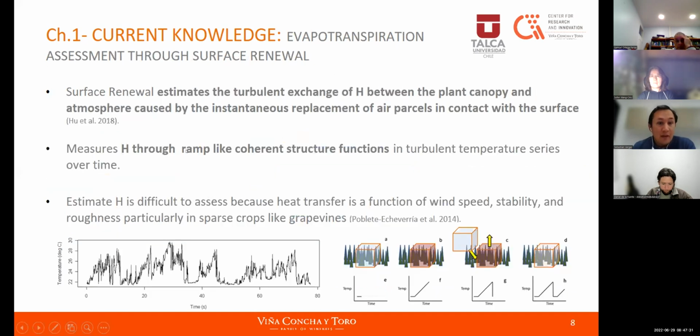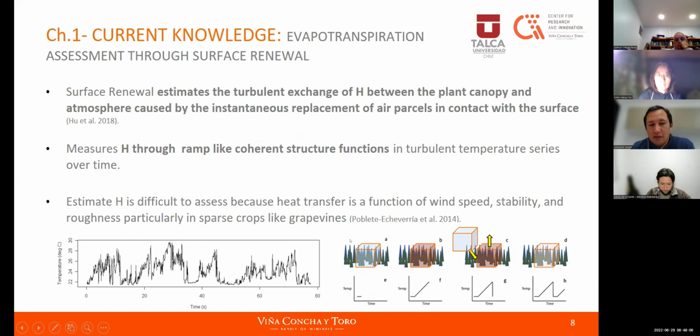The way it operates is based on the fact that if we measure temperature at high frequency, we will see these ramp-like coherent structures. Theoretically, they are characterized as parcels of air that get in contact with our canopy, then increase their temperature, become unstable, go away and get replaced by a new parcel of air.